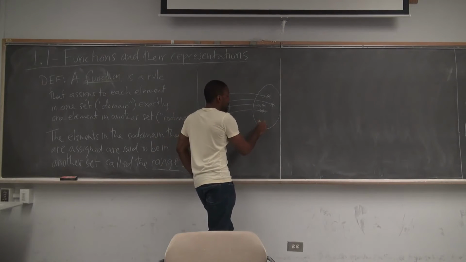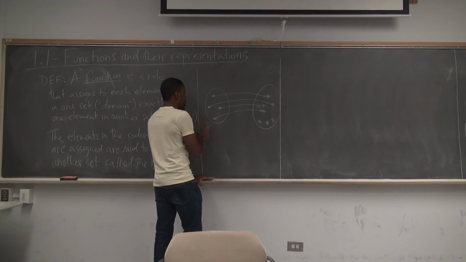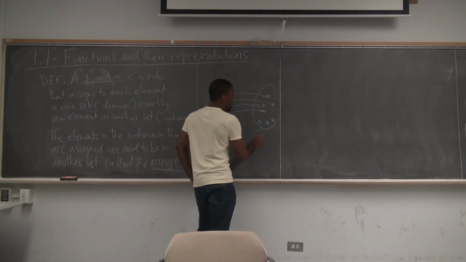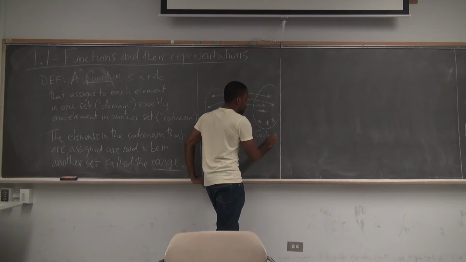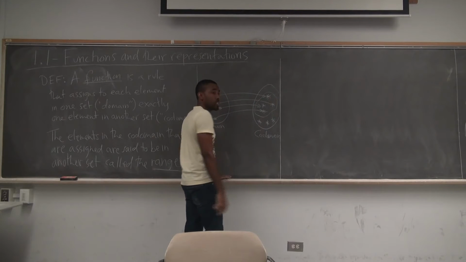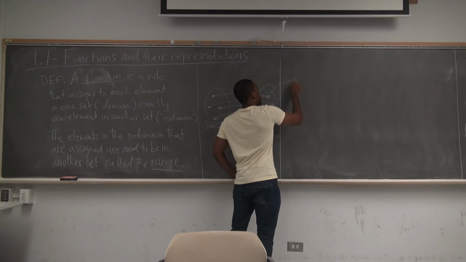Now over here, you might have other things that aren't connected to anyone, right? So this group here is called the domain. This group here is called the codomain. And the list of things that are actually assigned, they're given some assignment, they are said to be in a group we call the range.